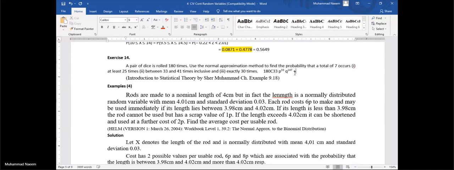then plus the calculation for 34, 35, 36, 37 and so on, and the last one will be for 180 choose 41, p power 41, q power 139.